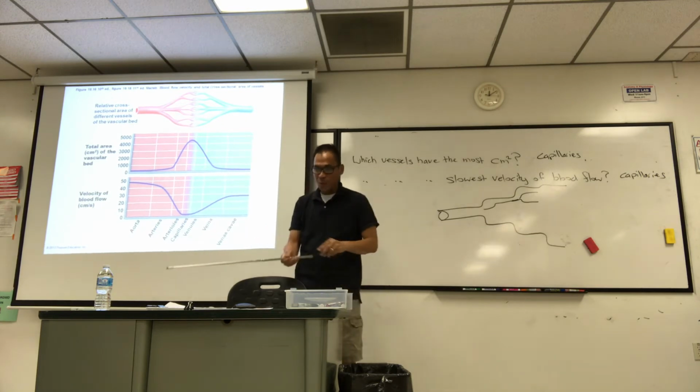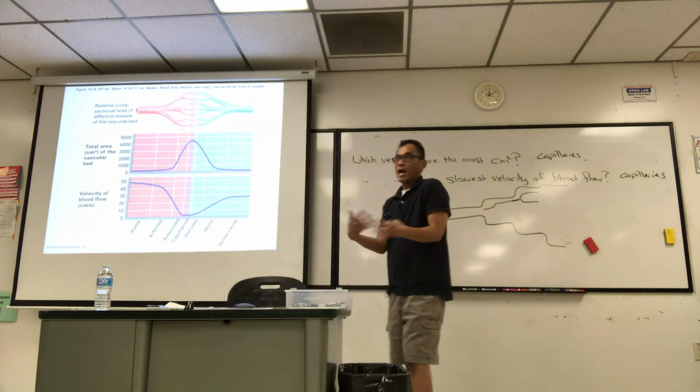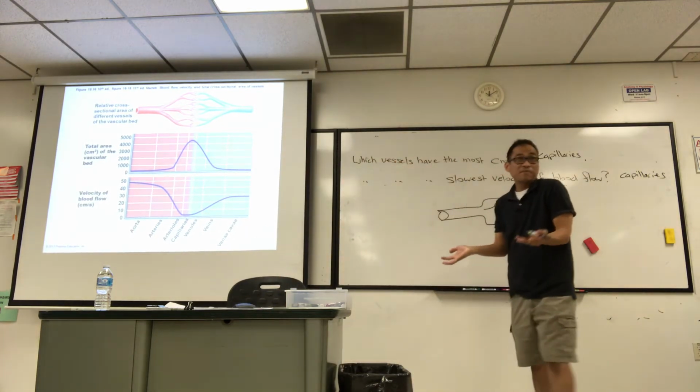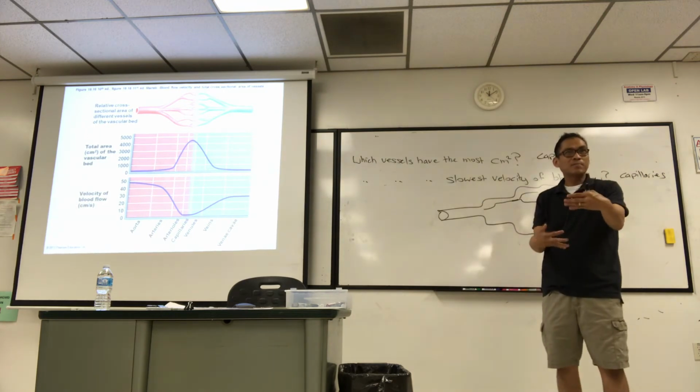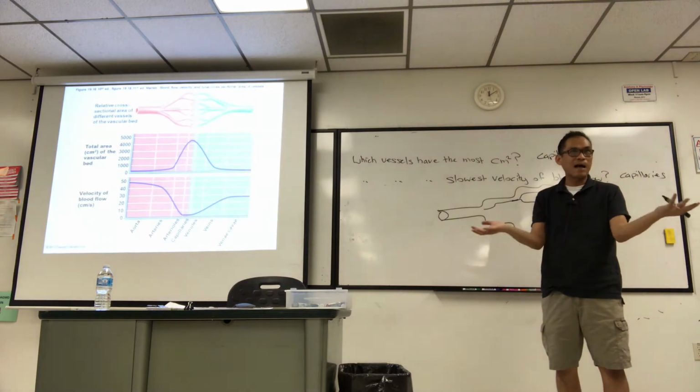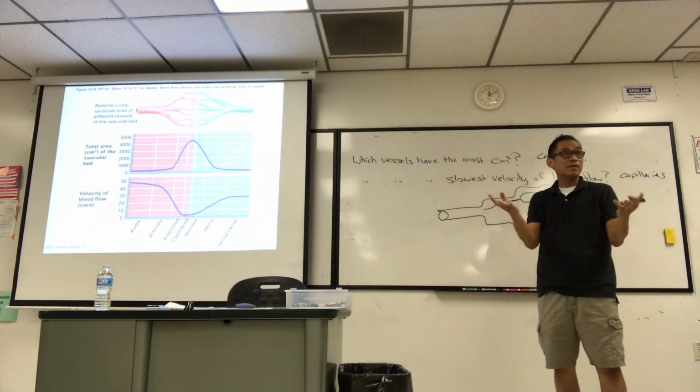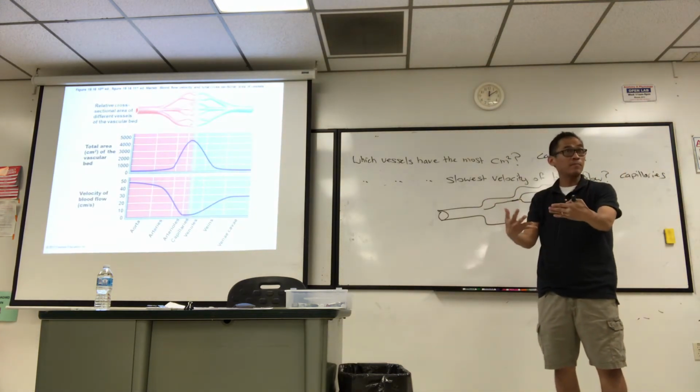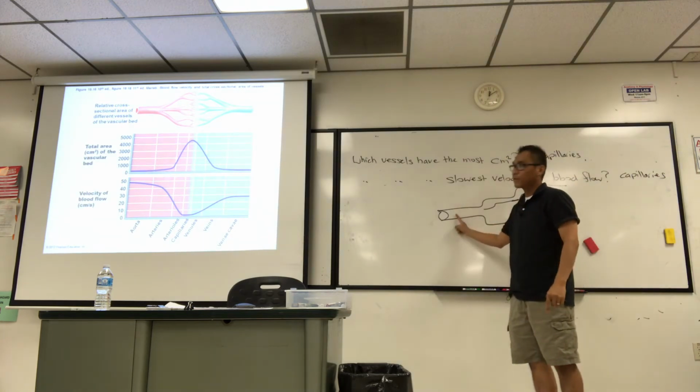I use the analogy of whitewater rapids. I haven't really gone in years, but it's fun, right? You're bumping all over the place. Your friend falls out of the boat and everybody laughs. But it's fun because it's fast and turbulent. That's how blood flow is in the arteries.